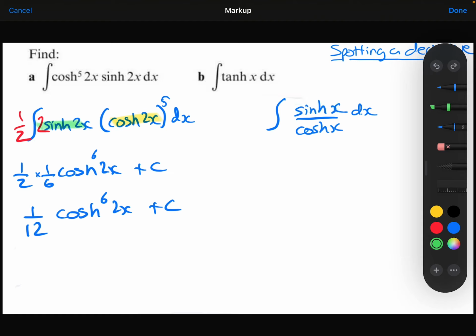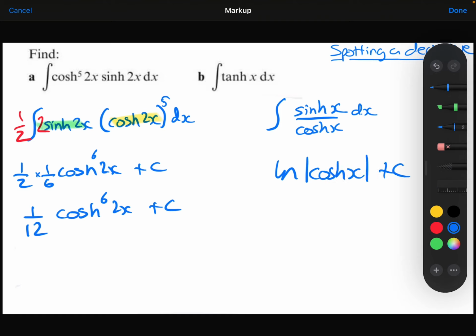So I have an integral in the form of f dash of x over f of x, which we know that we can do with a logarithm. So this is going to integrate to be ln of cosh x plus c.